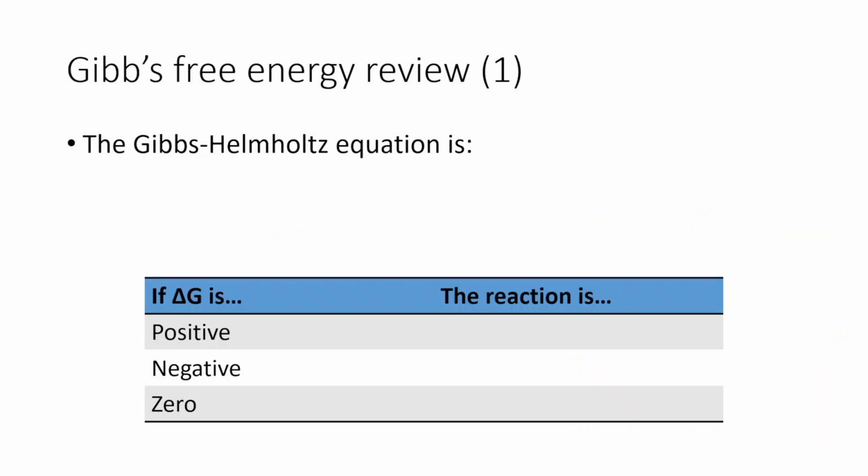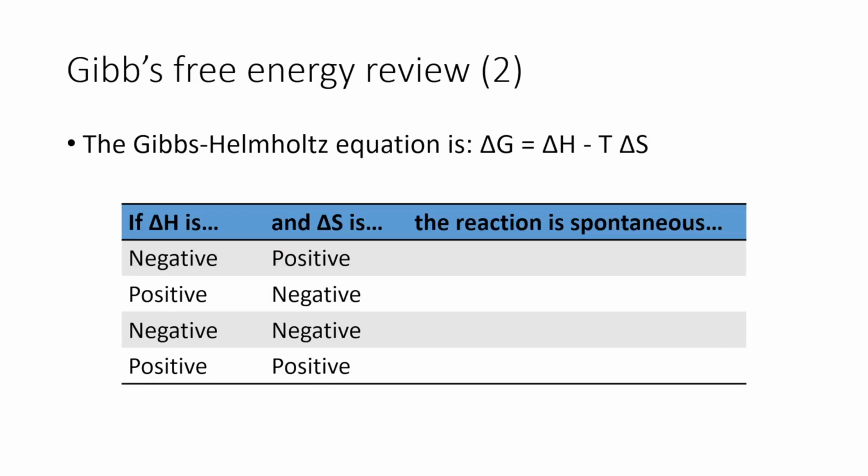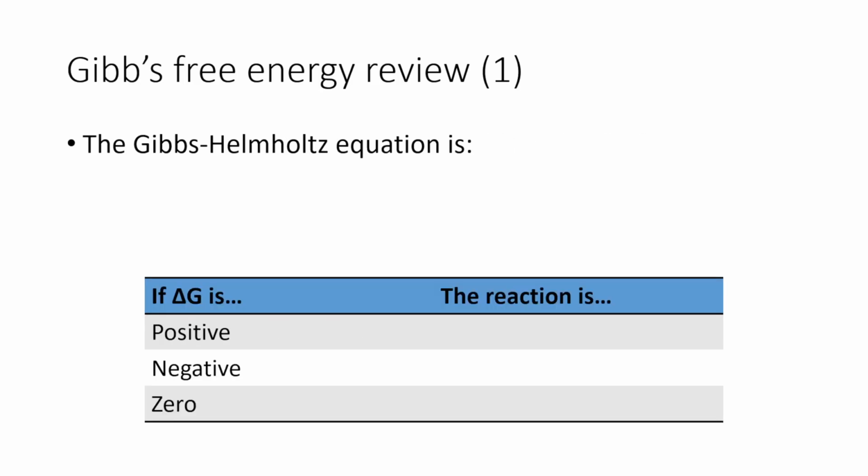So that brings us to the Gibbs free energy. Does anybody remember the Gibbs-Helmholtz equation? Excellent. I'll just write that in for now. So delta G equals delta H minus T delta S.